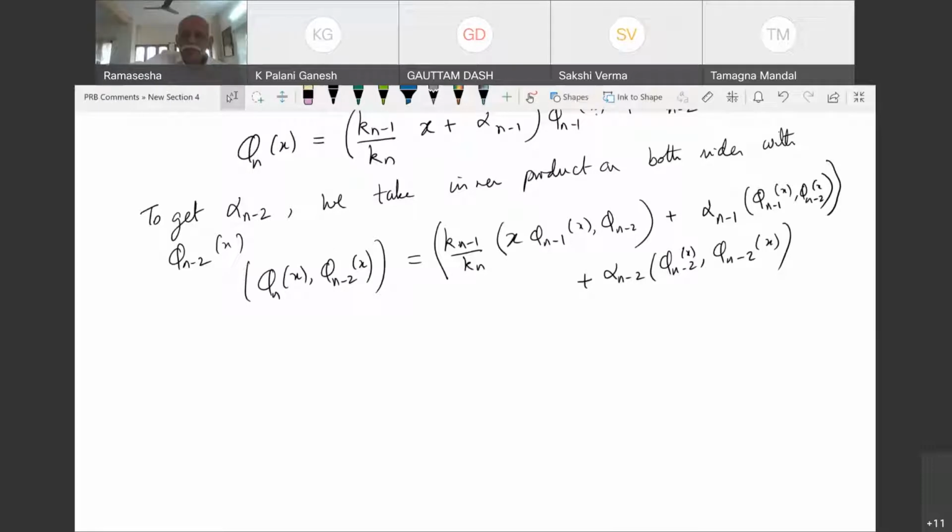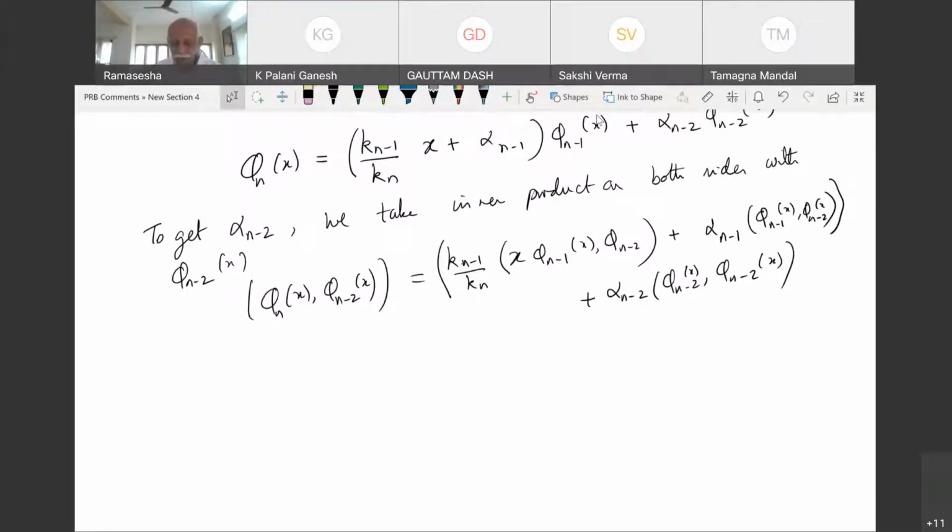What I have done is very simple. I have taken the inner product of the left and right hand sides with Pn minus 2. So the right hand side inner product will be, the first term x Pn minus 1 x comma Pn minus 2, second one alpha n minus 1 Pn minus 1 x comma Pn minus 2, third one alpha n minus 2 Pn minus 2 x comma Pn minus 2 x.